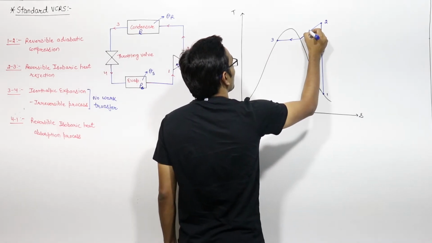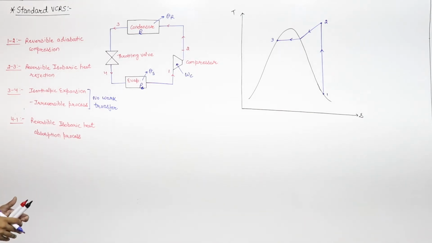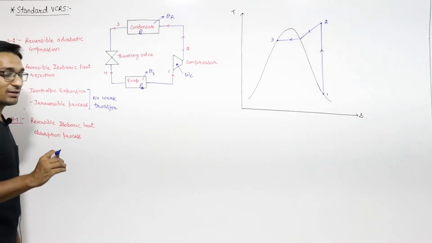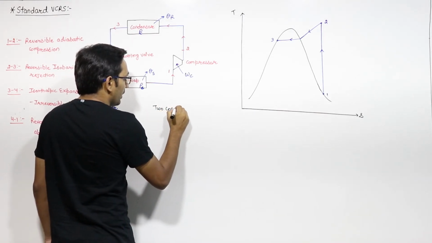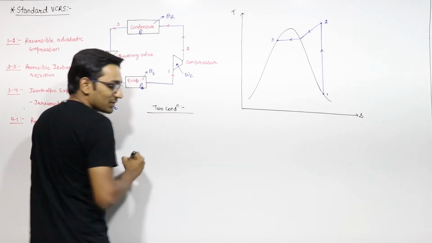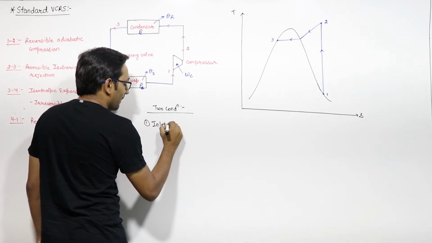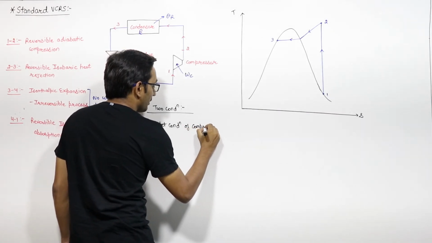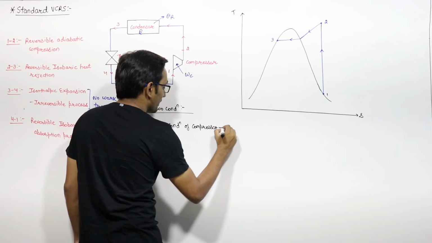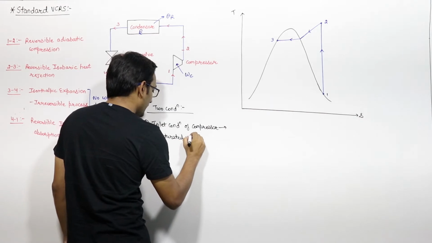In the standard vapor compression refrigeration system, you have to note two things. One is that the inlet condition of the compressor will be saturated vapor.